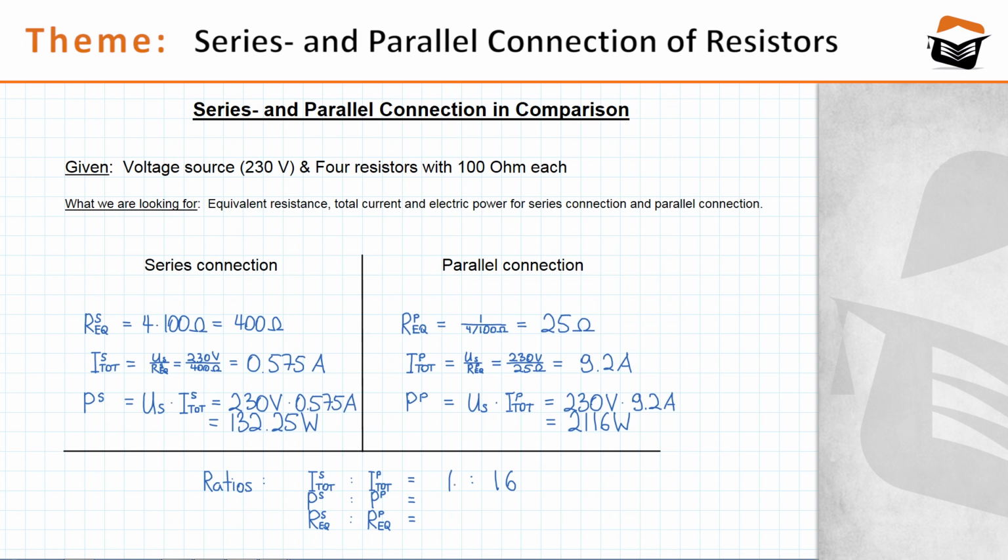And for the power, it's the same if you compare this number and this number. So 1/16. Also, for the equivalent resistance, though, the ratio is reversed. So in a series connection, the equivalent resistance is 16 times as large as in the parallel connection.